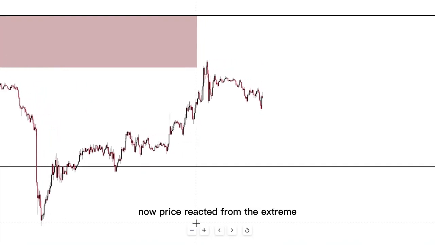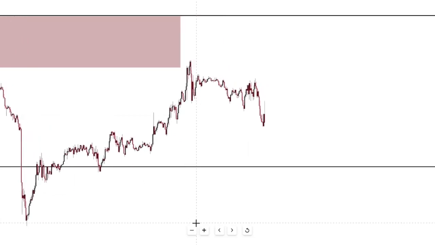Now price reacted from the extreme and is making lower lows.